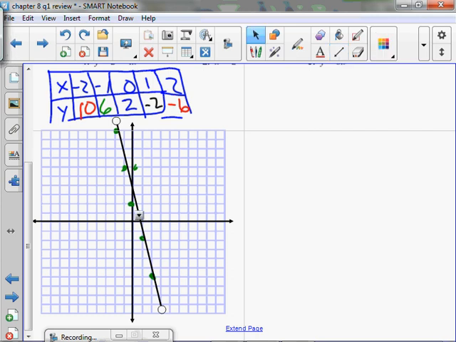Let's see, it goes through that point, through this point there. Looks like it goes through just about every point I want it to. So I'm going to conclude that this is linear. It's linear because I can draw a straight line to graph it. That's how I do that.